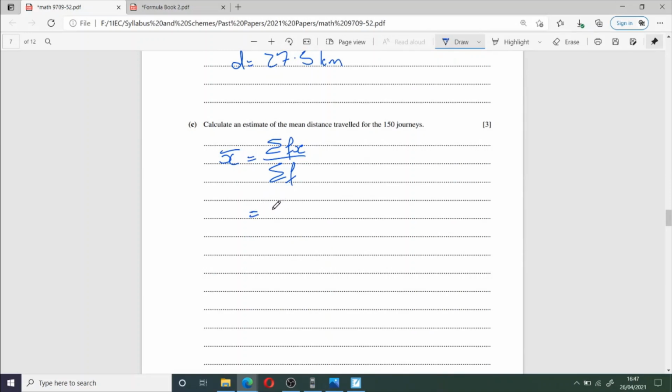So we're doing 12 times 2.25 plus 16 times 7.5 plus 32 times 15.5 plus 66 times 25.5 plus 20 times 35.5, I'm going to run out of space here, and then plus 4 times 50.5, I'm going to cheat a little bit, and this is all divided by 150.